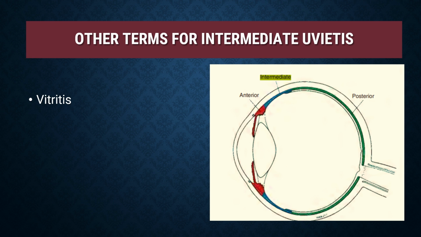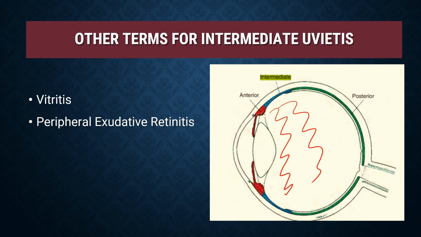Some people called it just vitritis, considering that the anterior part of the vitreous and gradually the entire vitreous is getting involved. Then some preferred to call it peripheral exudative retinitis, based on the fact that some of the exudates are present along the pars plana and along the peripheral part of the retina near the ora serrata.